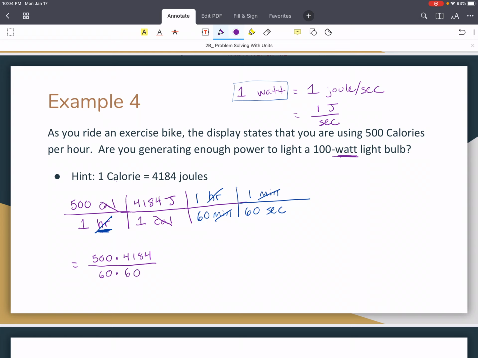Just a word of warning as you type this into your calculator: anything in the denominator, you can either put it in parentheses, or you can go 500 times 4184 divided by 60, and then divide it by another 60. That shows that both of those are in the denominator.